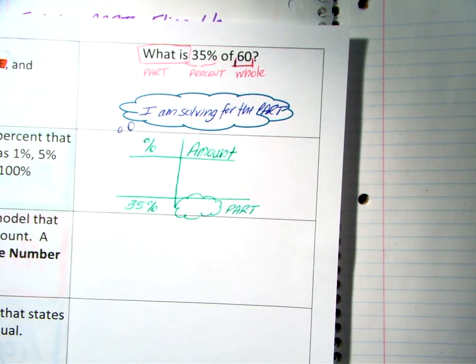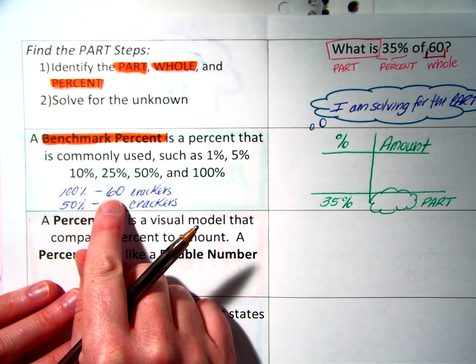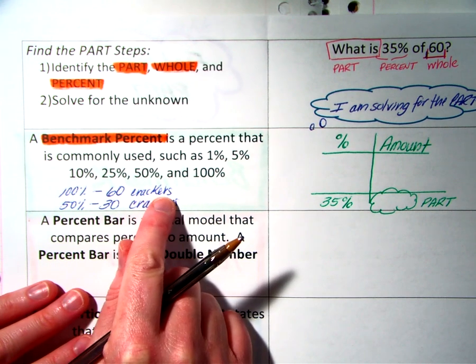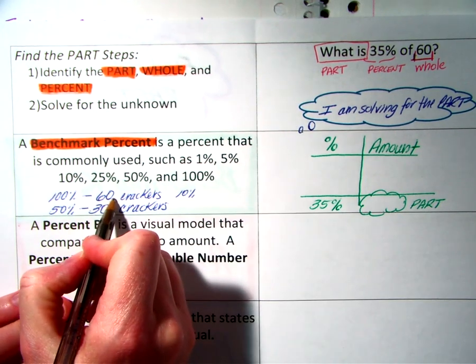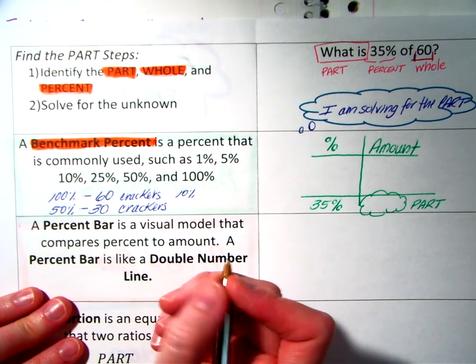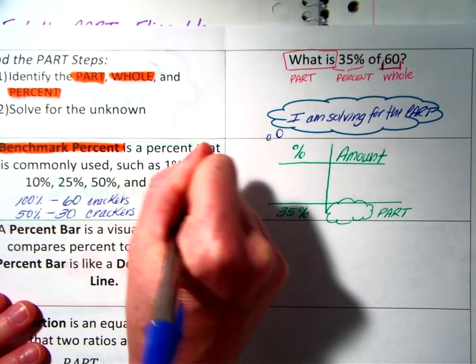I don't know if you remember the little decimal trick with 10%, but you just move the decimal over once. If 100% is 60, 10% would be 6. So it would be just dividing by 10. When you divide by 10, you're really shifting one place value. So 10% would just be 6.